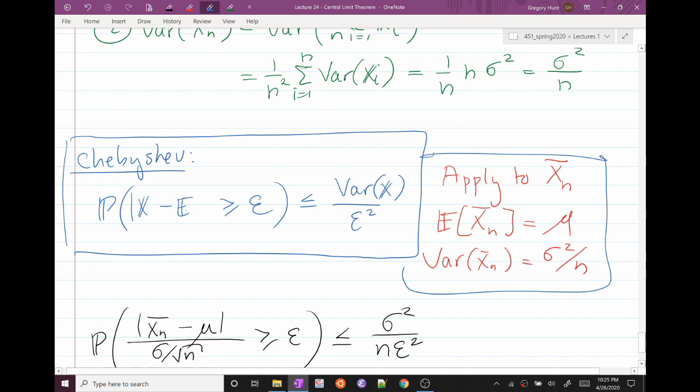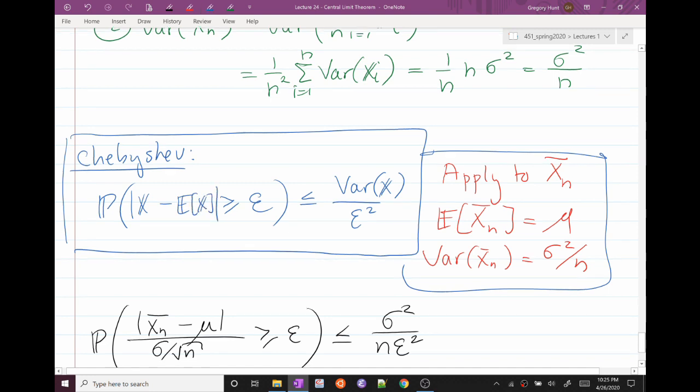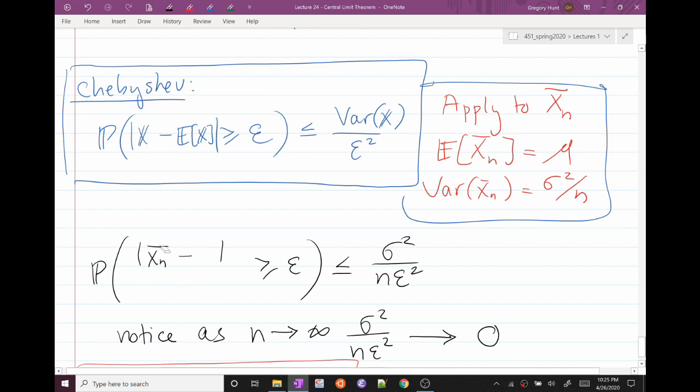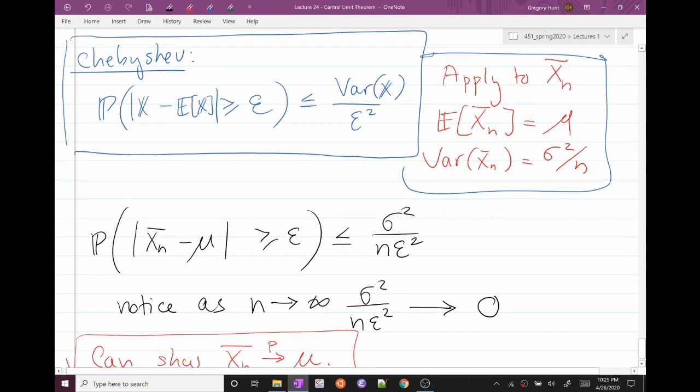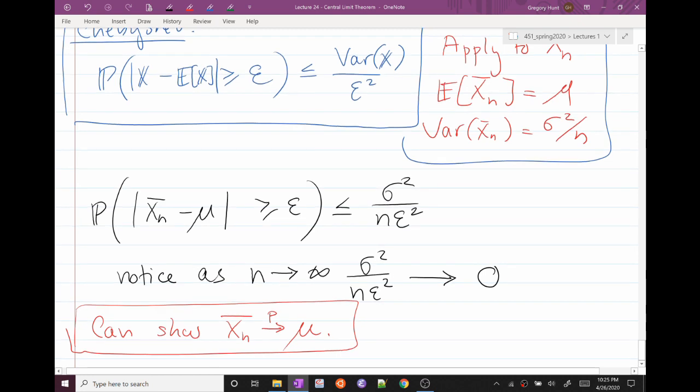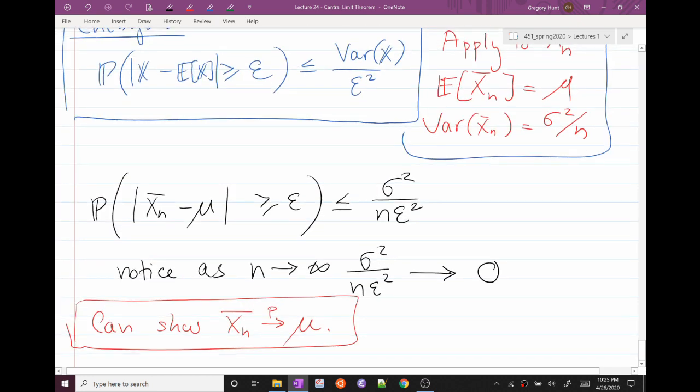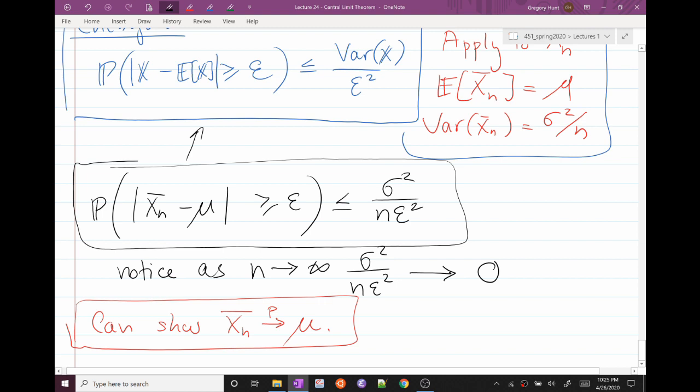It was just this, and so we actually don't have sigma, the root variance, in the bottom. Let's rewrite that. Go back and look at your notes. This is the correct form for it. Just be careful to use the right form. And so if we apply it to Xn bar, this is what we get.